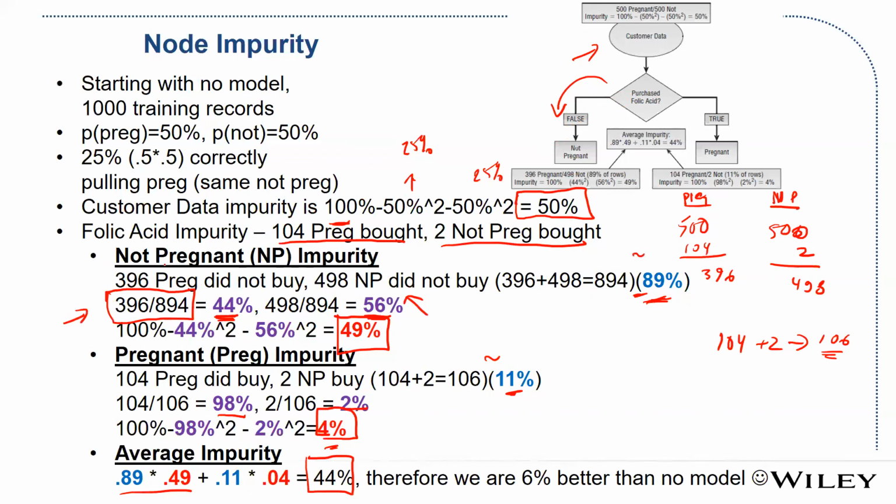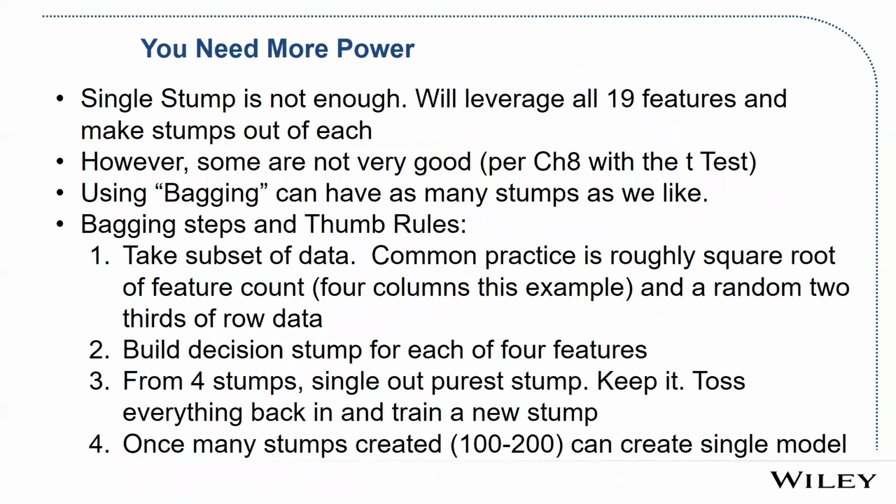And we said anybody that did buy folic acid, we're saying they're going to be pregnant. And then we calculated out the pregnant impurity. And then we combined both those impurities together based on a weighted average. So 89% versus 11%. And then we came up with our average impurity over here. Okay. All right. So let's move on.